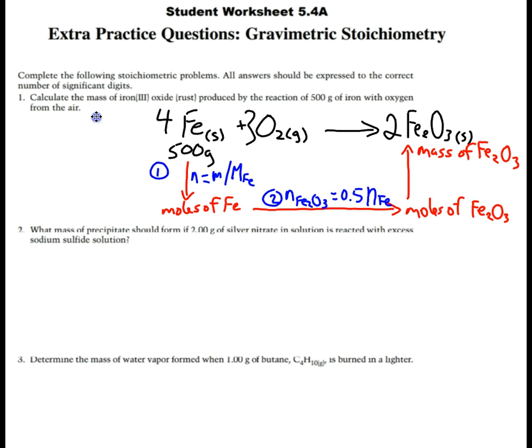And then the last step would be converting moles into mass, which is multiplying the number of moles from step 2 by the molar mass of iron 3 oxide. And that will be it. Calculations need to follow significant digits, so that's the only other thing I have to consider in my solution.